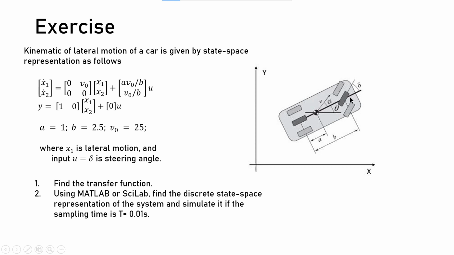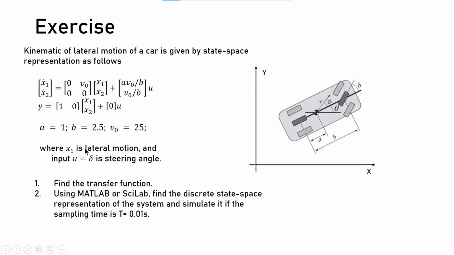So when this car has a linear velocity v, and then if you steer the angle, for example, to the left, then it has a motion to the left. And if you steer back, then it may keep the lateral position constant, something like that.